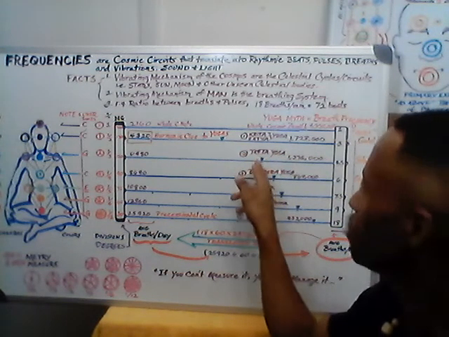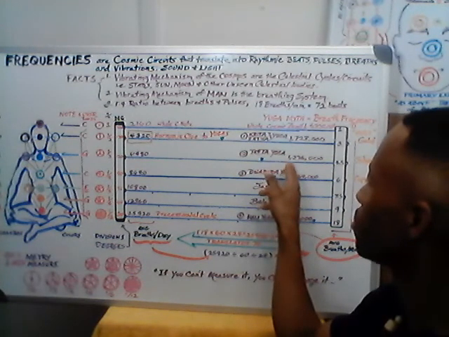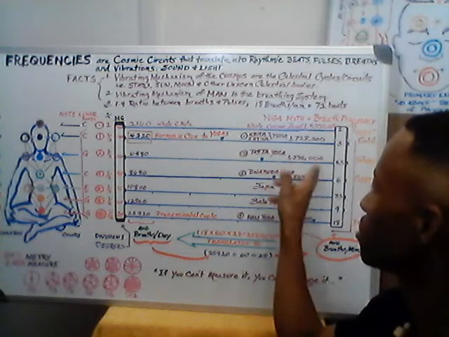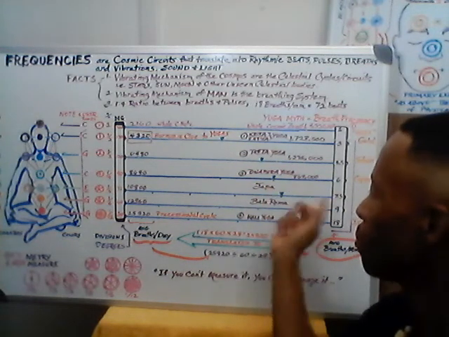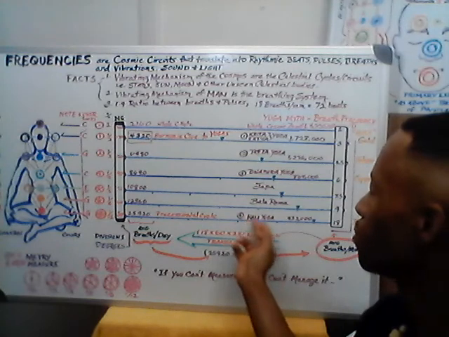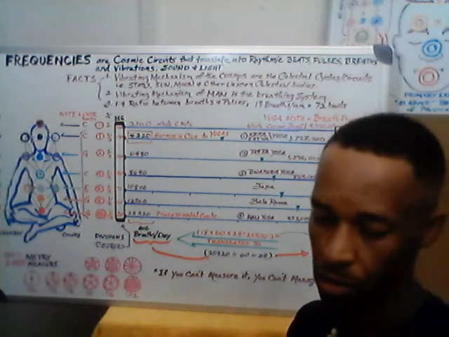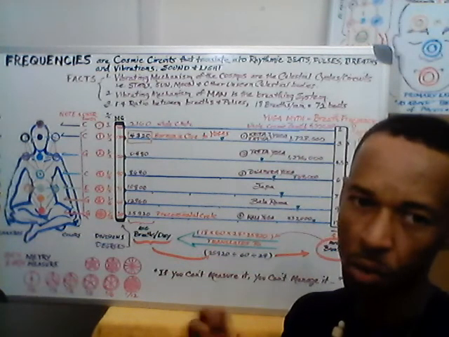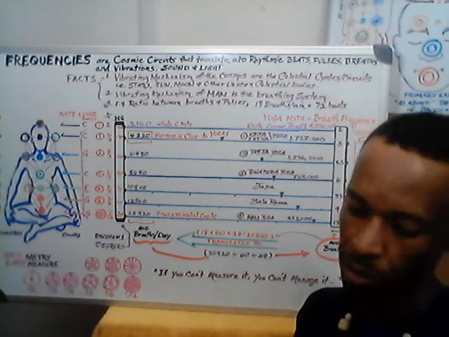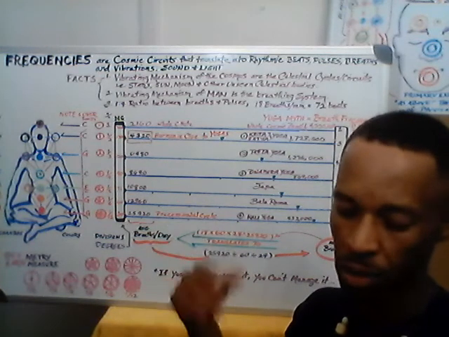Then you have the Treta Yuga, which lasts about 1,296,000 years, the Dwapara Yuga, 864,000 years, and the fourth, the Kali Yuga, 432,000 years.